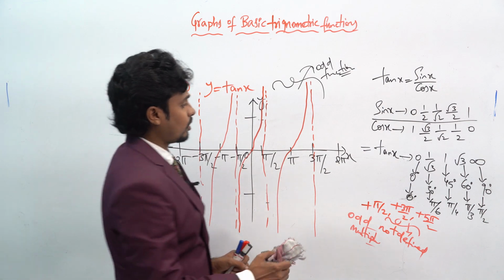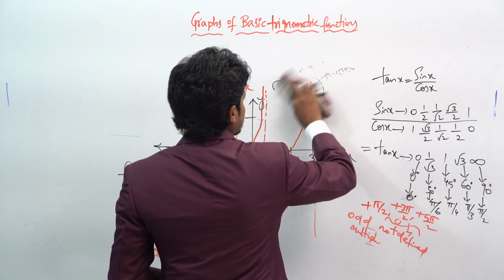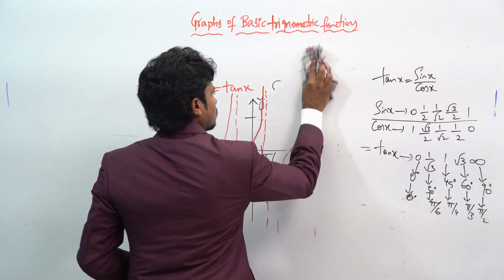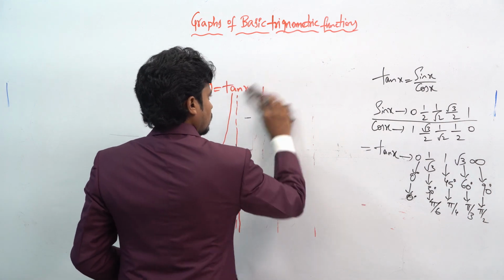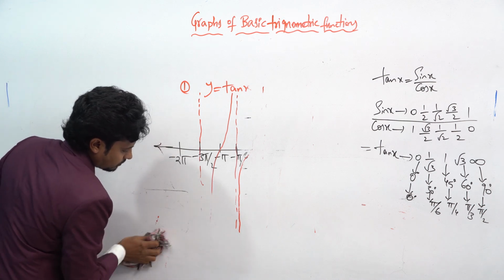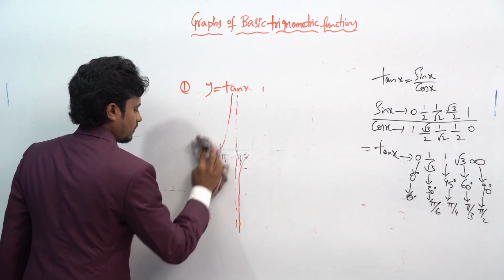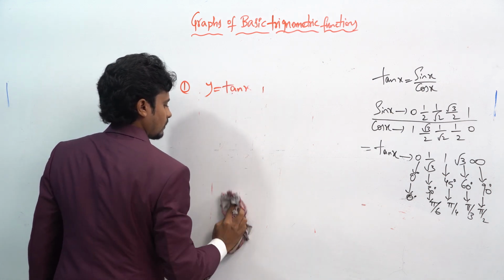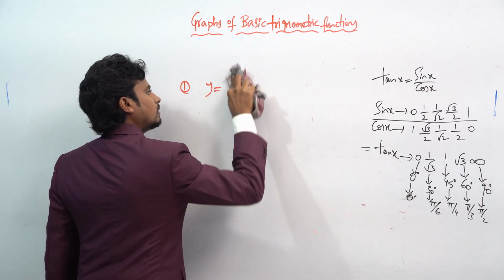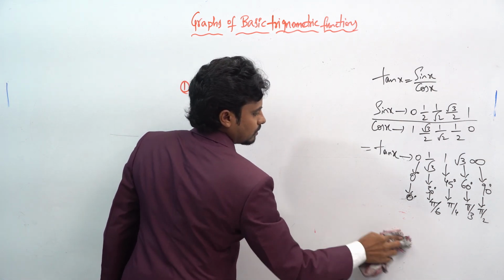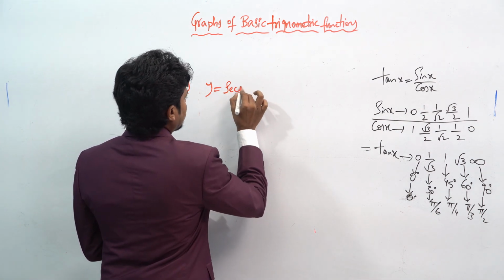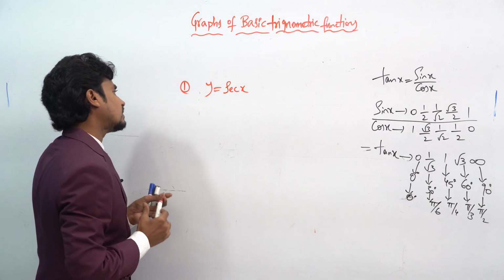What will happen if you want to draw the plot for y is equal to secant x? How do you write this secant x?